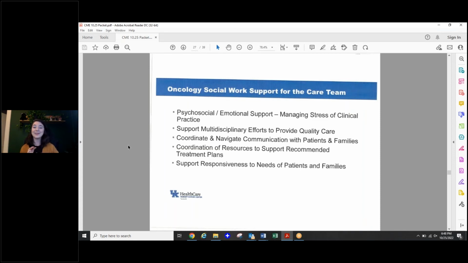We can coordinate, navigate communication with families and patients, so sort of acting again as that liaison. We can support coordination of resources to help the recommended treatment plans, because someone may be needing daily radiation and that's the recommendation, but they don't have transportation. That's a place we can step in.